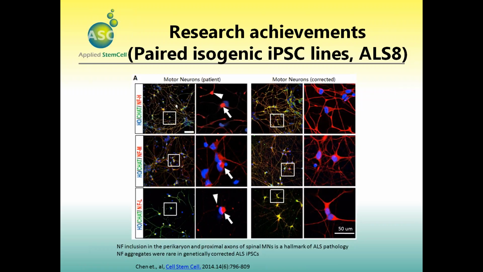We saw that the NF aggregation is significantly decreased in the corrected ALS iPS cells. So in conclusion, this data suggests that lineage-specific cells differentiated from iPS cells could be a useful model for developing new treatments.